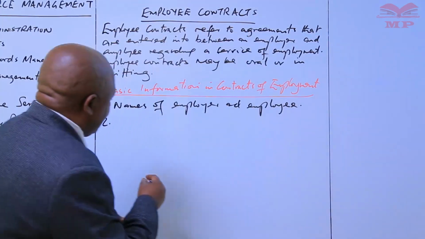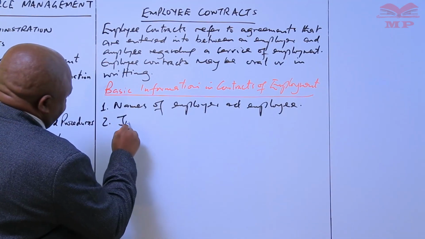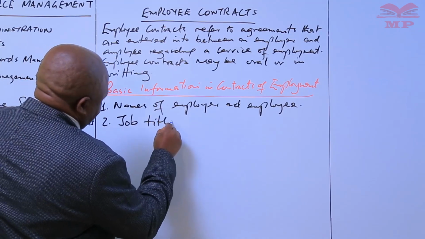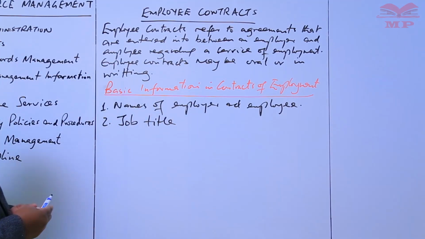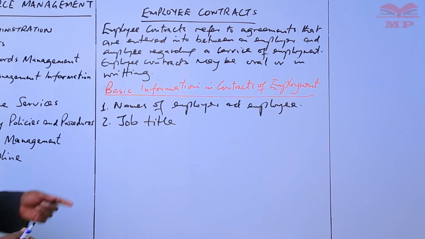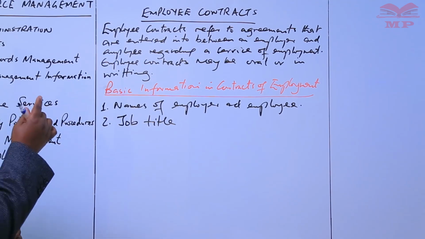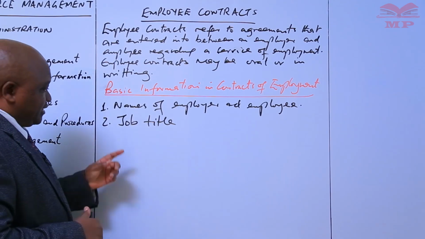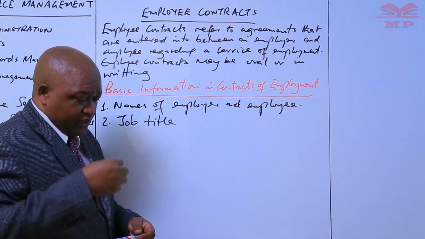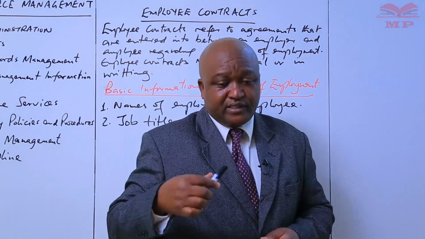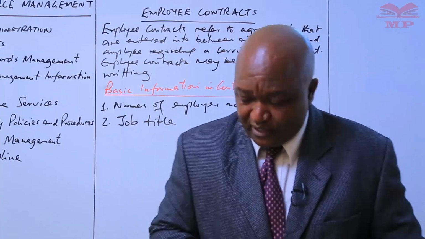Then there is the element of the job title. So if, for example, the employee is being employed as an office administrator or as a company secretary, then that should be indicated, for example, company secretary, or human resource manager, for that matter.